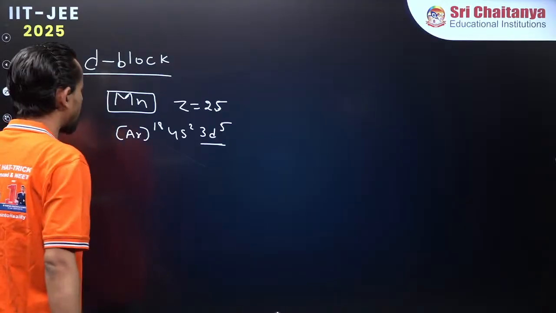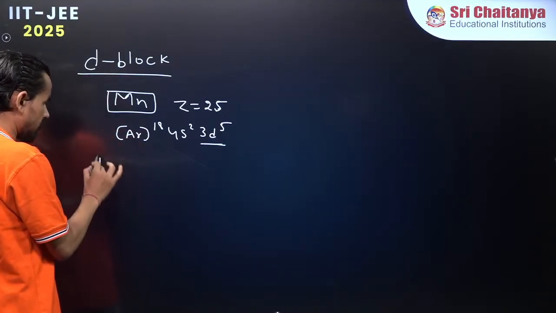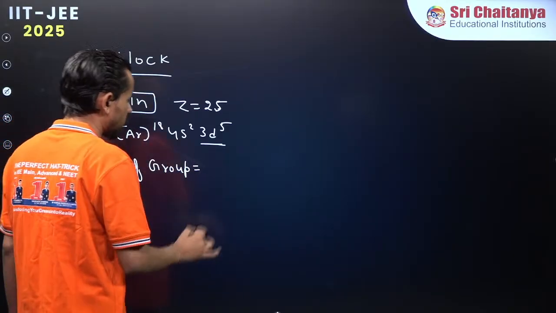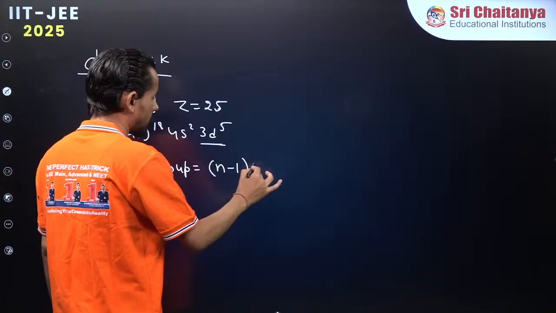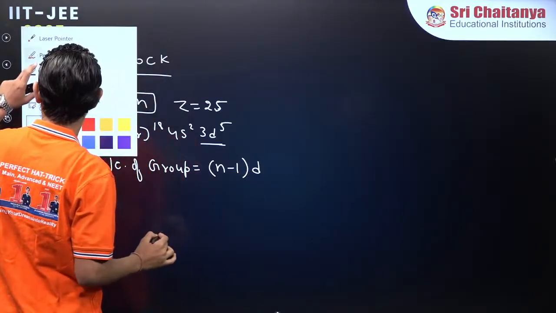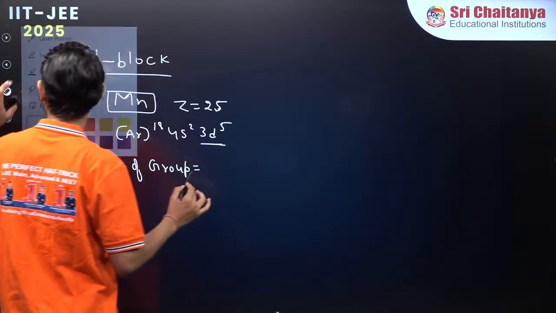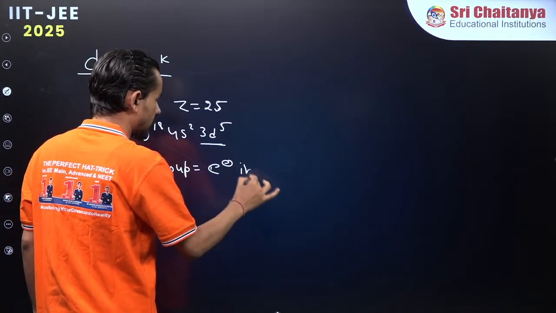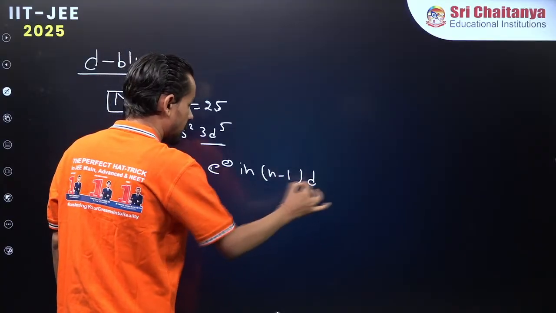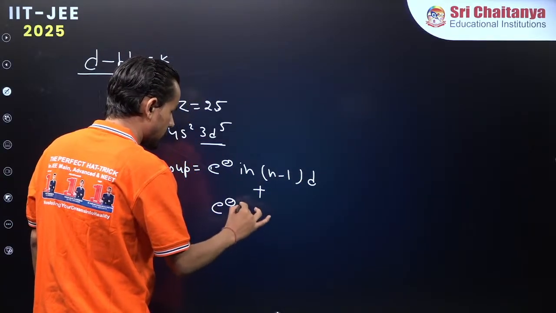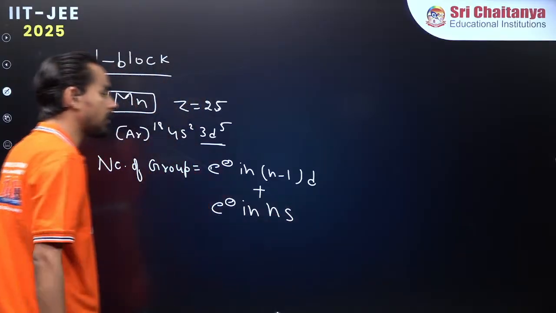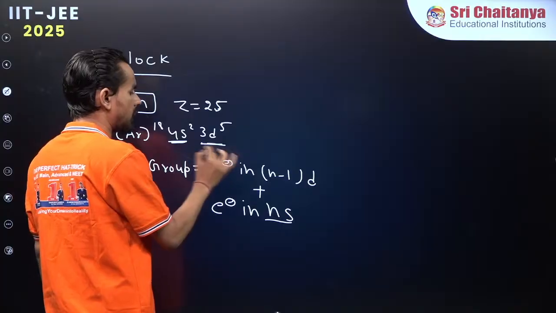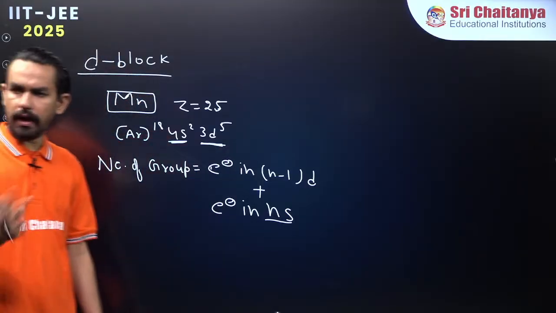In case of D block elements, the group number is equal to electrons in n minus 1 d plus electrons in ns, that is the outermost s and the penultimate d.